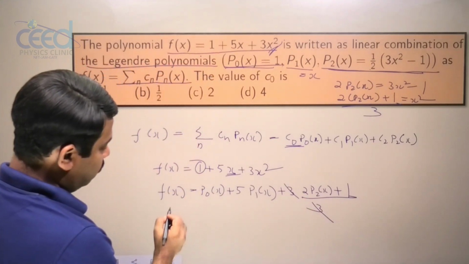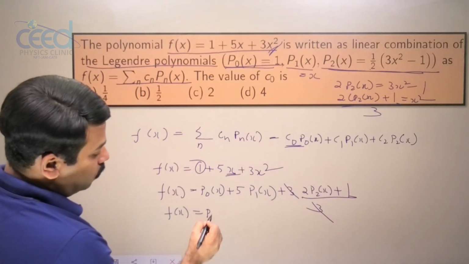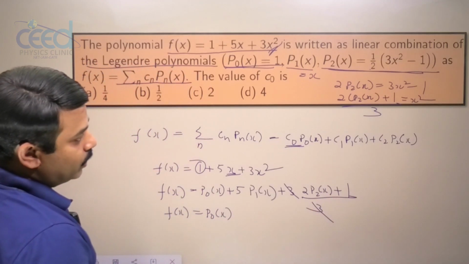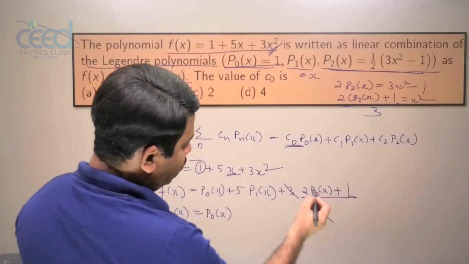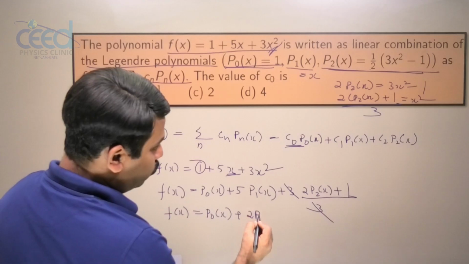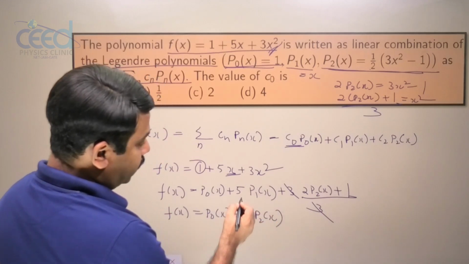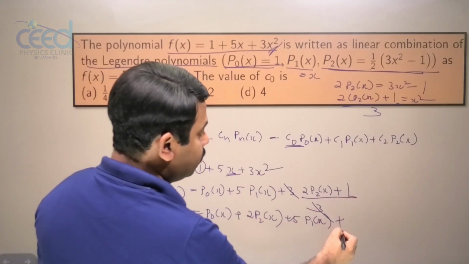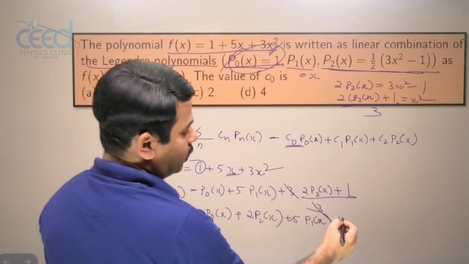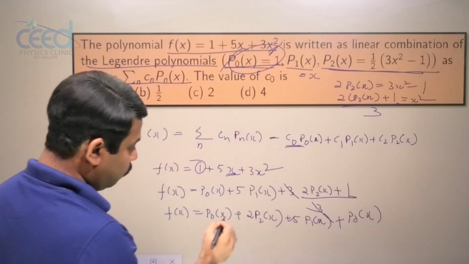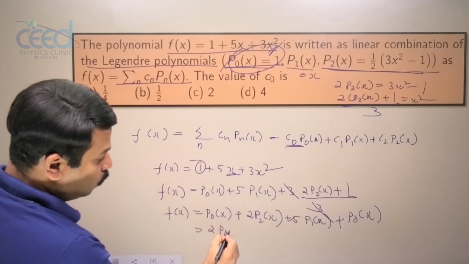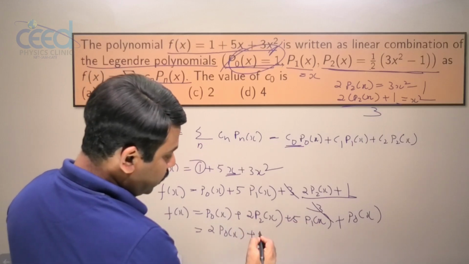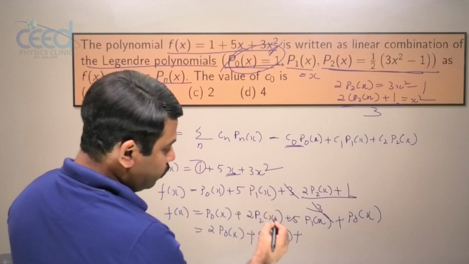Then this 3 cancels. Then f of x is equal to P0 of x plus 2 P2 of x, plus 5 P1 of x, and here 1 you can write as P0 of x. So it is 2 P0 of x plus 5 P1 of x plus 2 P2 of x.